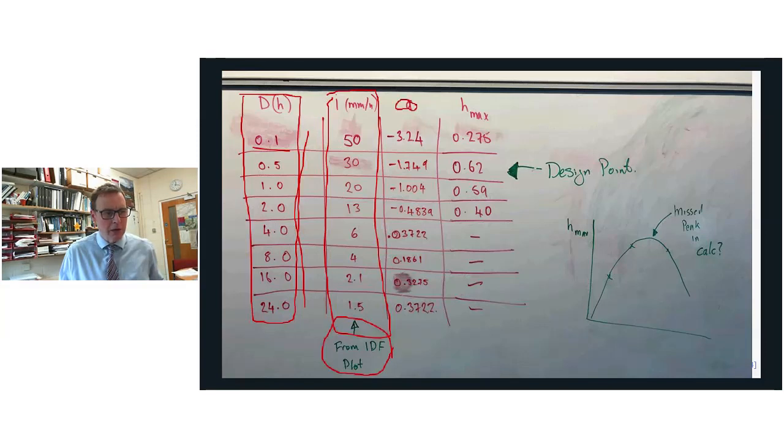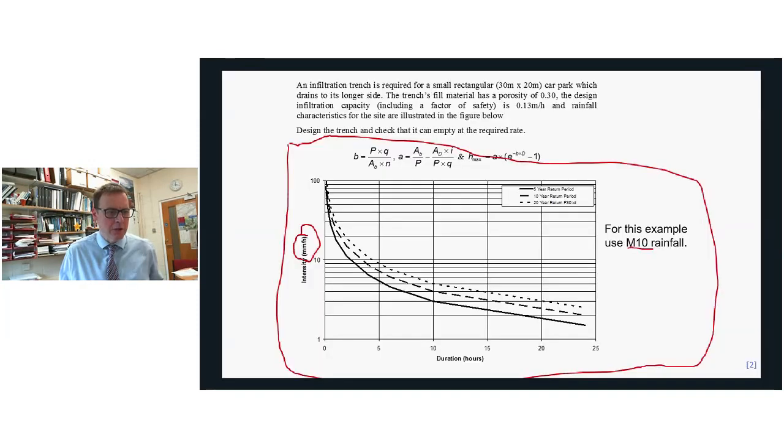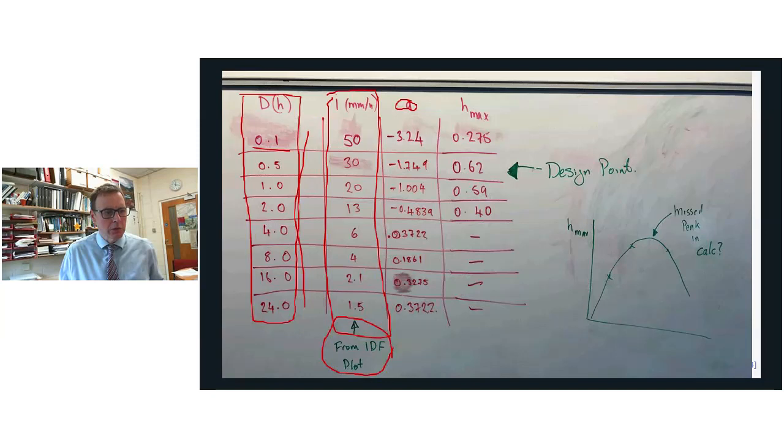Then I calculate this parameter A for each of those durations, and that parameter is based on this equation here, which is given in the notes, and it's also given in the question. So calculate A, which is this callout here, and then calculate Hmax step by step.